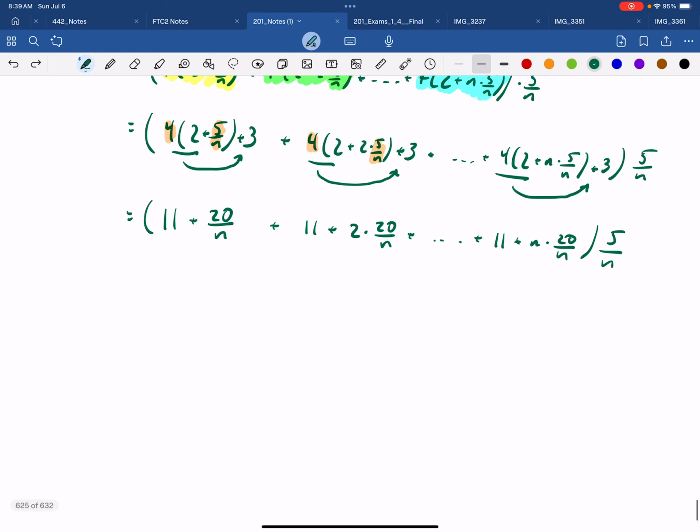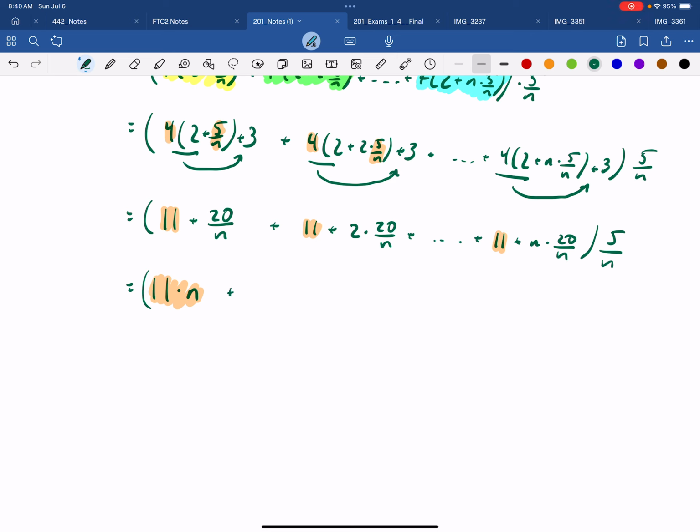Now at this point, I'm just going to combine a bunch of terms. How many times am I adding the number 11? 1, 2, etc., n number of times, right? So I'm going to group all of these 11s and write it as 11 times n, because that's the number of times I'm adding them together.